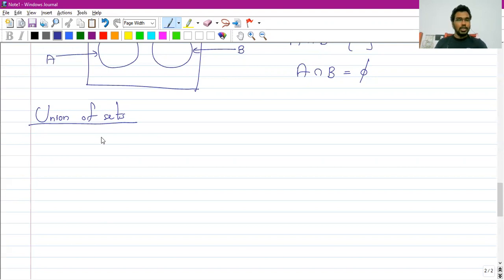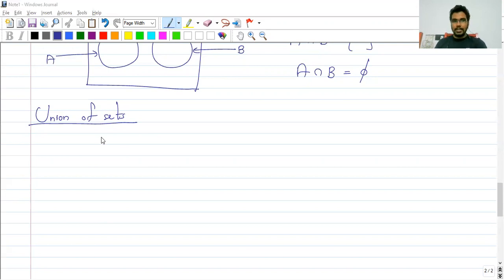Union of sets means when we consider two or more sets, the set which consists of all of the elements in these two sets, or all the sets, is known as the union of these sets.